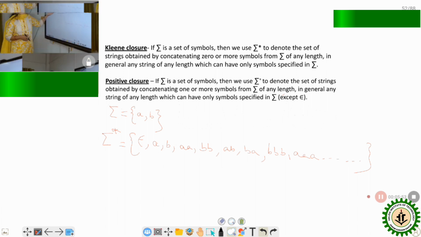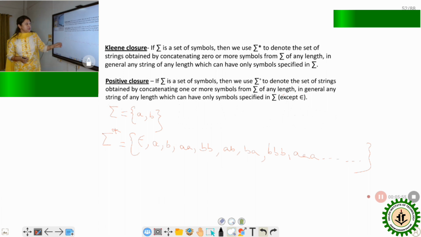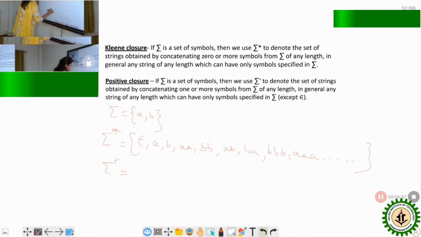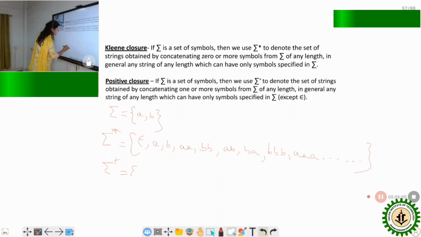And now it comes to positive closure. We use sigma to the power plus to denote this. So what does it mean? Sigma to the power plus means sigma star minus epsilon.